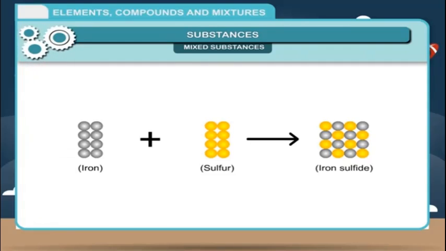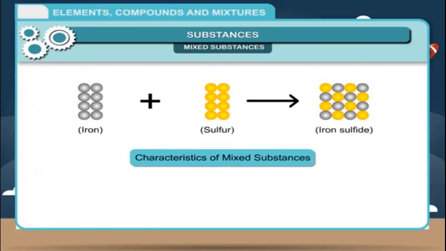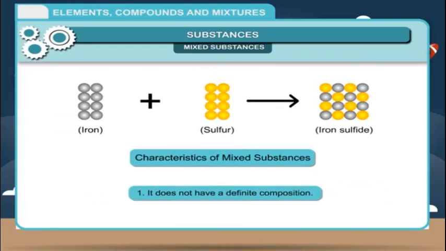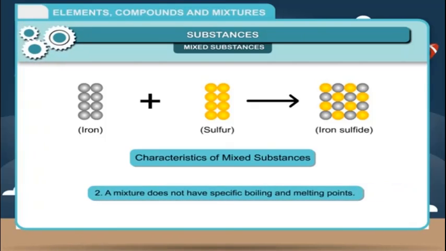Example: soil, air, etc. Characteristics of mixed substances. 1. It does not have a definite composition. 2. A mixture does not have specific boiling and melting points. 3. The components of a mixture can be separated by physical methods.